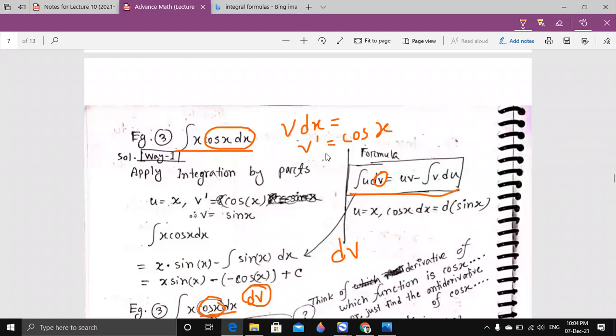Cos x dx means v derivative. Okay, I don't need to explain this way. So you see here we have cos x dx. So we know that if we want to convert this as dv, we need to find the integration of cos x, right? So integration of cos x will be sin x.